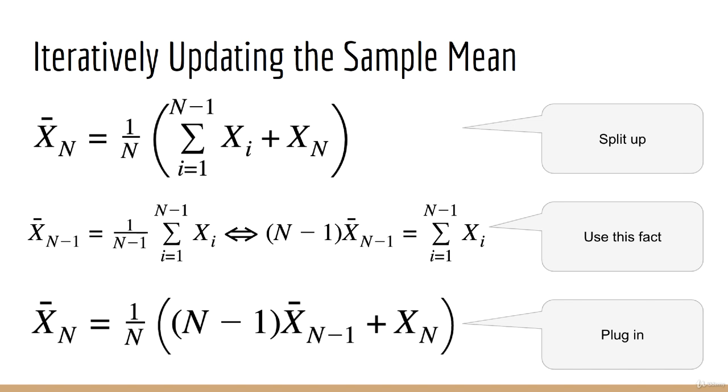We just have to rearrange the equation from earlier. It's clear that this sum is just n minus 1 times x bar n minus 1. We can substitute this into our expression for x bar n to get the sample mean at time n in terms of the sample mean at time n minus 1.